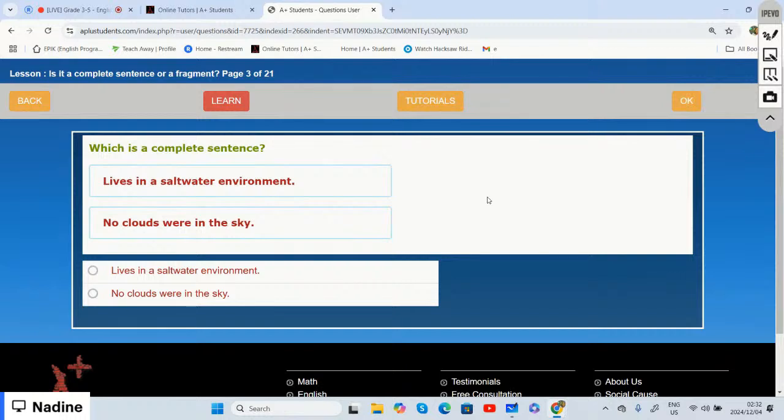So we need to show the complete sentence. And a complete sentence has a subject and it has a verb.